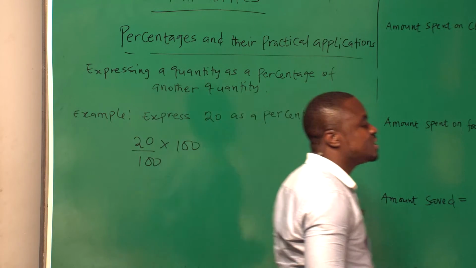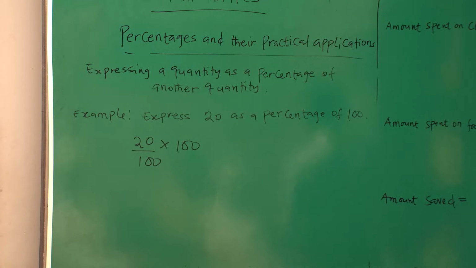So you divide 20 by 100, then you multiply by 100. Unfortunately, the figure I have there is also 100, which is similar to the percentage. Okay, let's continue. Maybe in our next example, I'll know how to do that.